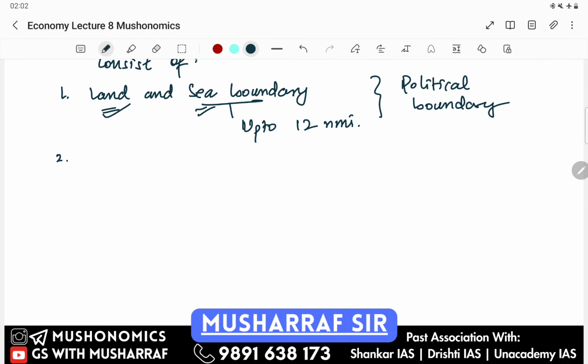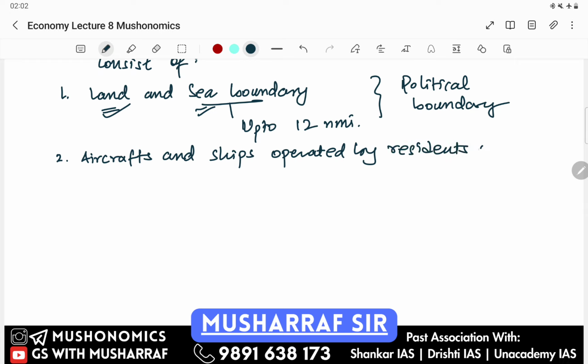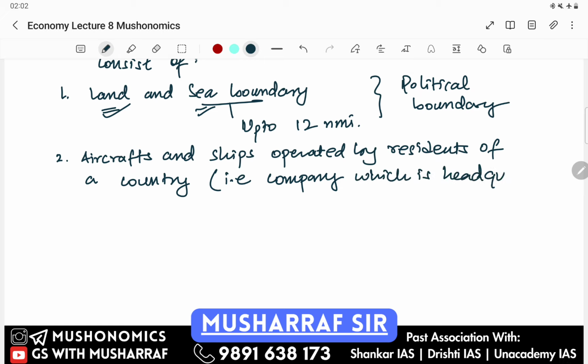Now, for example, there are aircrafts and ships operated by residents of a country. That means a company which is headquartered in the country.